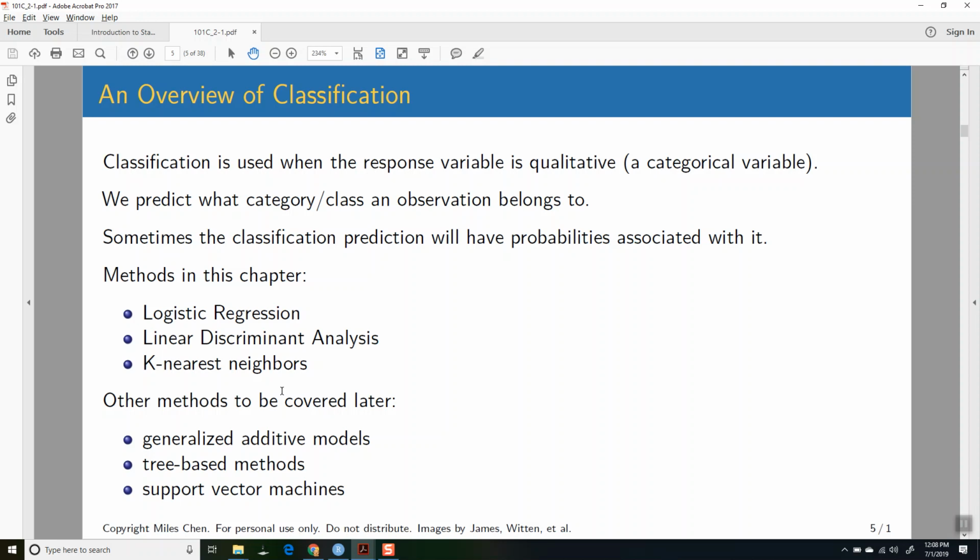It was a quantitative variable: you take each of your predictors, multiply them by a beta, and add them up, and you get some numeric response. This time, the response that we're looking at is categorical.